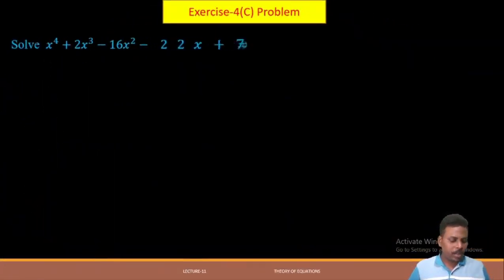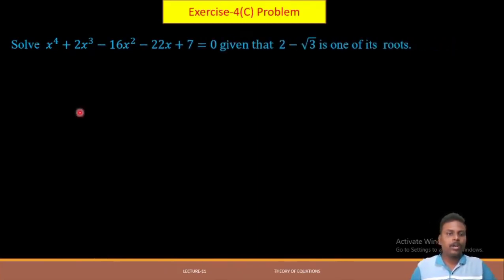Let us solve one more problem. Here is our next problem. Solve the equation x to the power 4 plus 2x cube minus 16x square minus 22x plus 7 is equal to 0, given that 2 minus root 3 is one of its roots. Let us find out the solution for this.